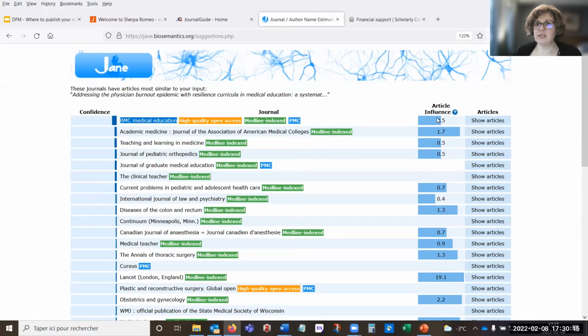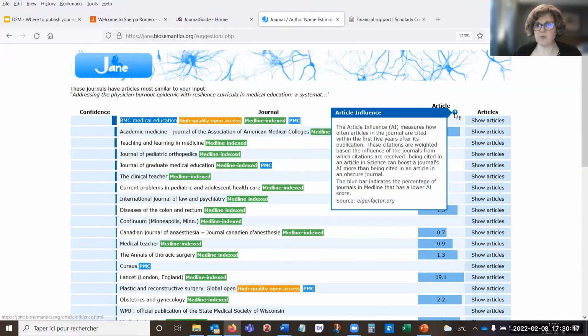The other thing here is the article influence. What is that? Article influence measures how often an article is cited. So that's how they are calculating this. And sorry, I was just trying to figure out where they took the information.